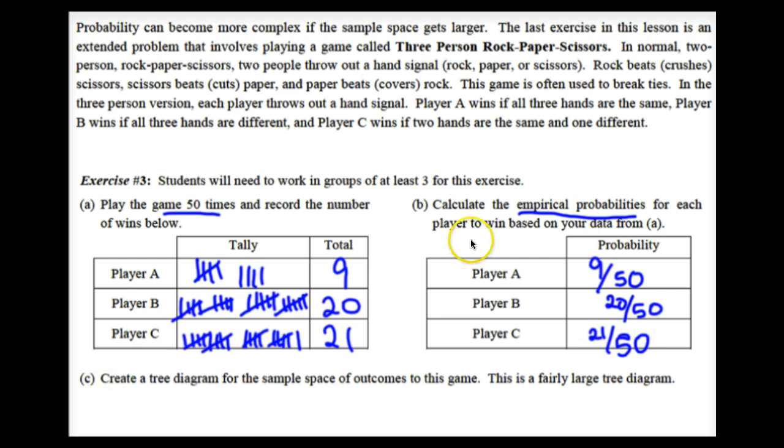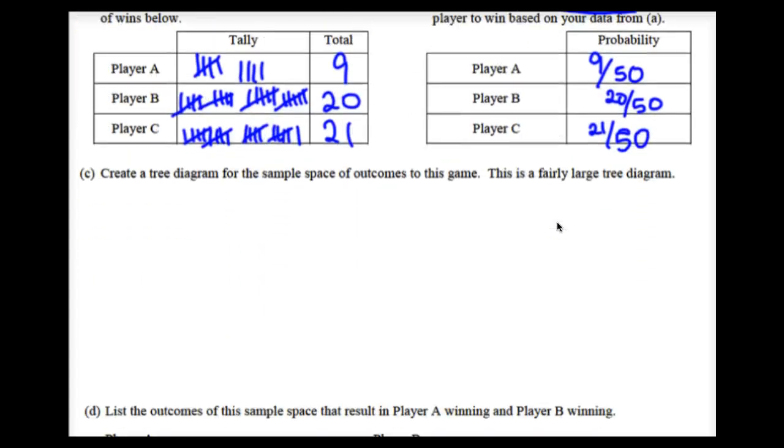So now that we found the empirical probability, we want to create a tree diagram. It's going to be a really large tree diagram. Remember, my starting point is going to be rock, paper, scissors.